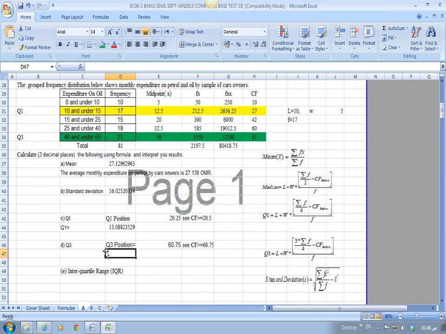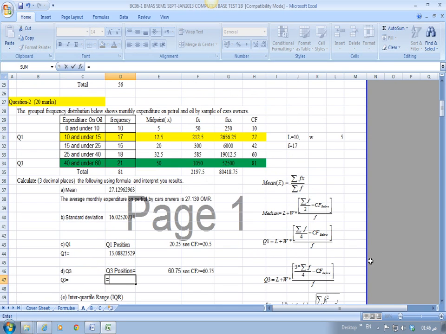So according to the formula, I will write Q3 equal, L here 40. See what I'm doing here, I'm following the formula.